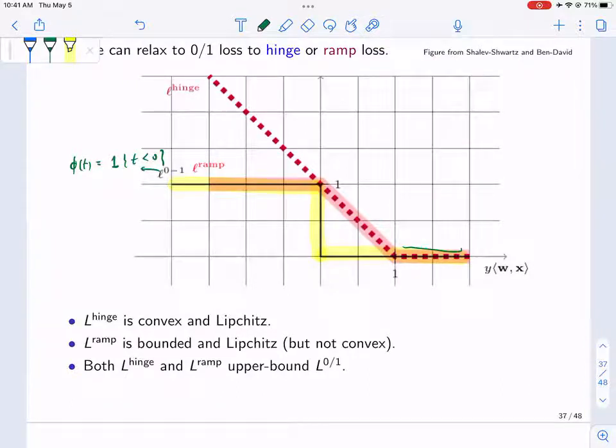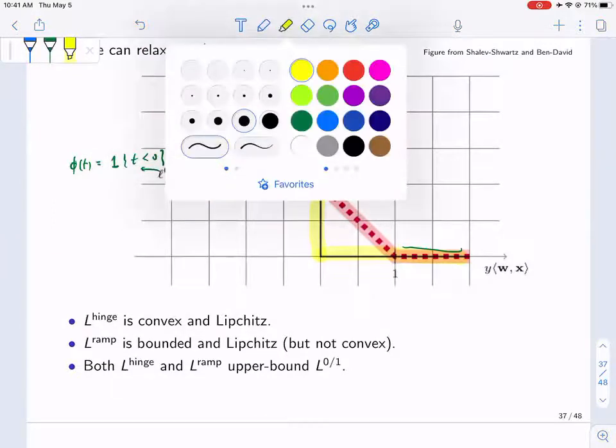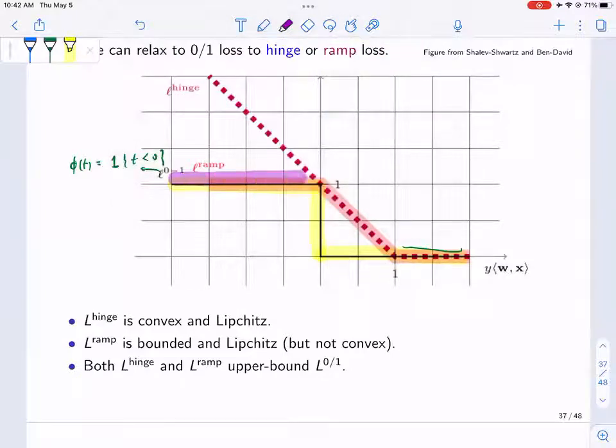It just follows this, and then here just continuously goes down. So that's also an upper bound, but it's not convex, but it's 1-Lipschitz. So the ramp loss is bounded and Lipschitz. The other one is unbounded, but convex and Lipschitz.